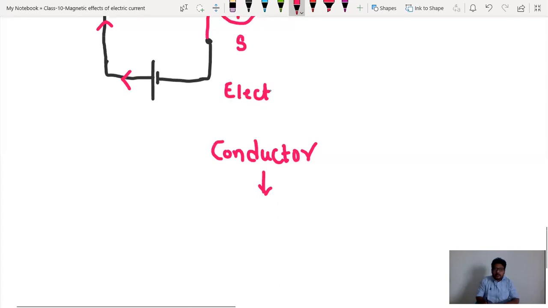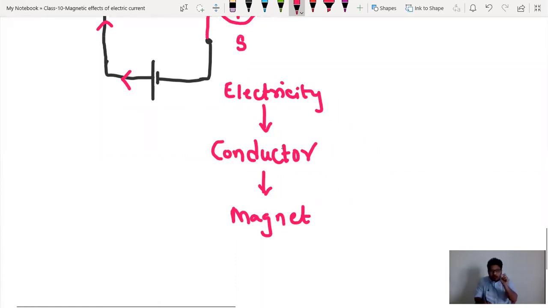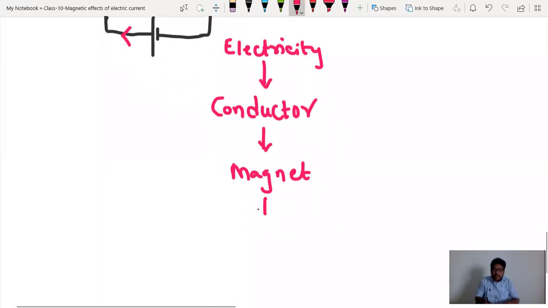If I pass electricity to the conductor, that conductor behaves like a magnet, that is for sure. Very simple flow chart. If you pass electricity through a conductor, that conducting wire will behave like a magnet. Whenever it is behaving like a magnet, definitely around the conductor there will be a magnetic field.